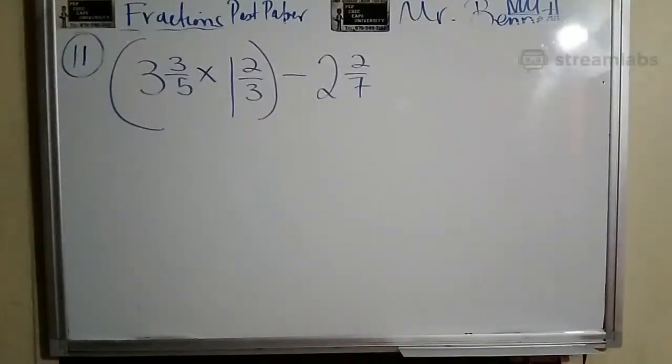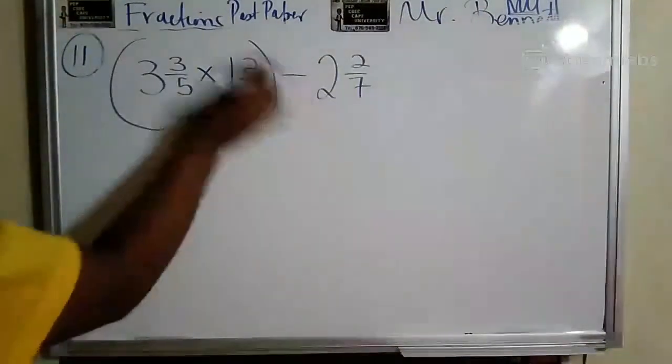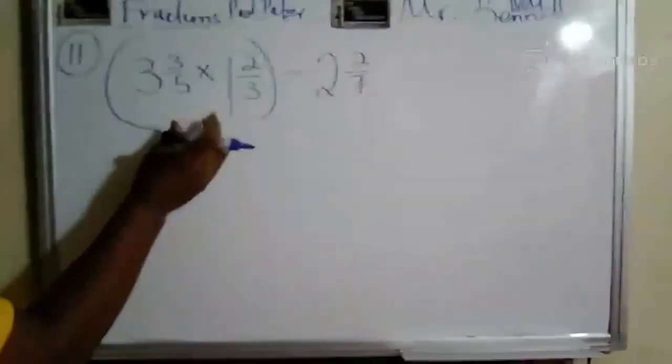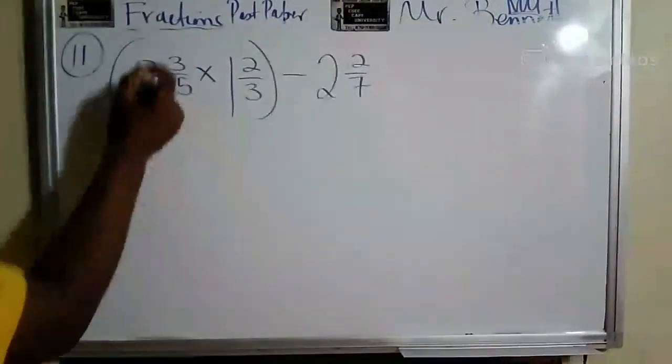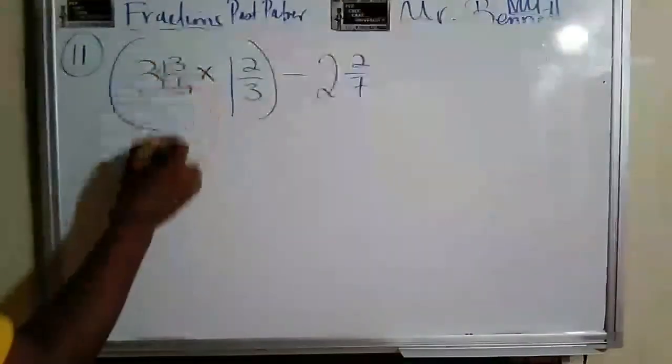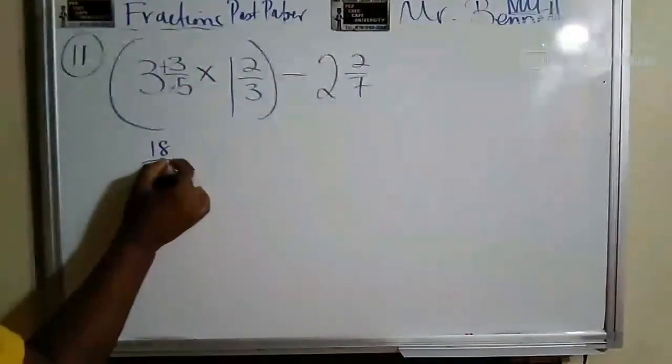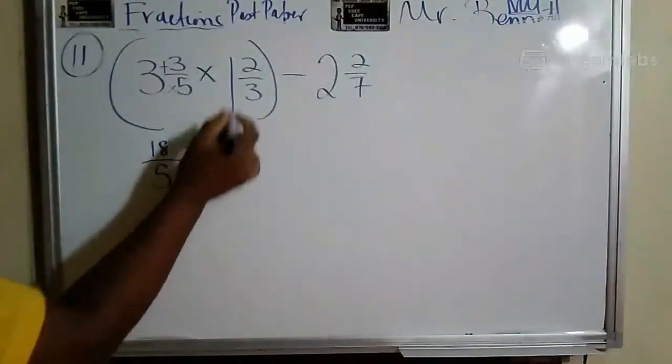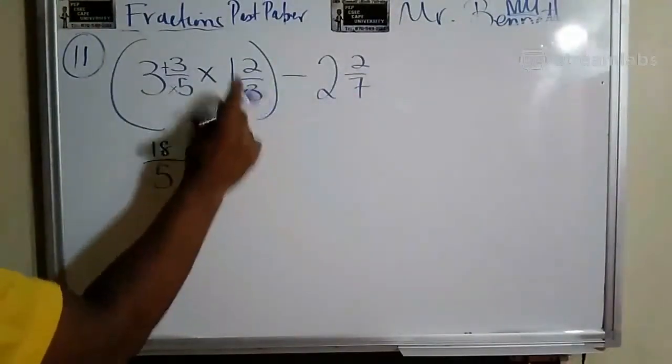Alright. So I'm going to run through this one now and then we do a few more. We're almost through though. So we have to work the bracket first. So it's multiplication. So it's 3 times 5, that's 15. Plus 3, that's 18 over 5. Times 1 times 3, that's 3.